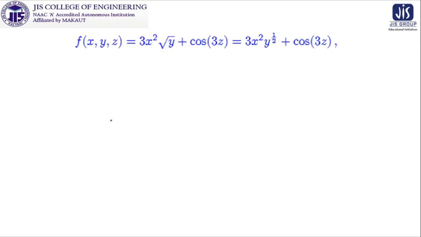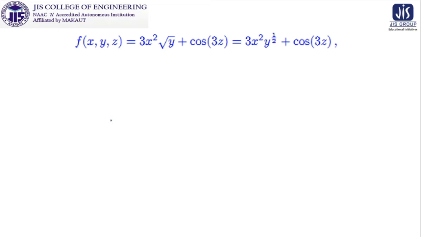If we move to the next problem, then what we see is that we are now taking a function of three dimensions, f of x, y, z. So there will be contributions from x as well as from y as well as from z. So it is obvious that we have to do the partial differentiation with respect to x, partial differentiation of f with respect to y, and partial differentiation of f with respect to z.